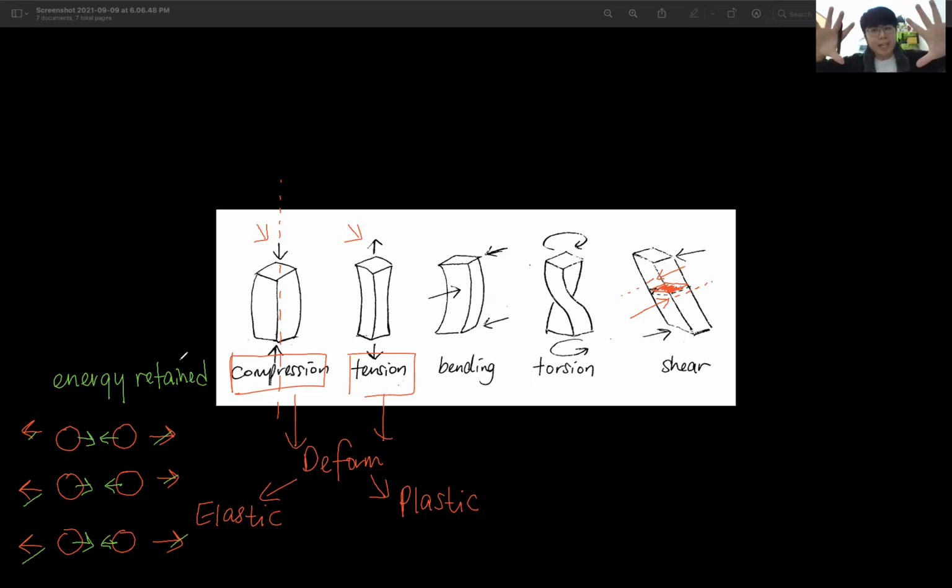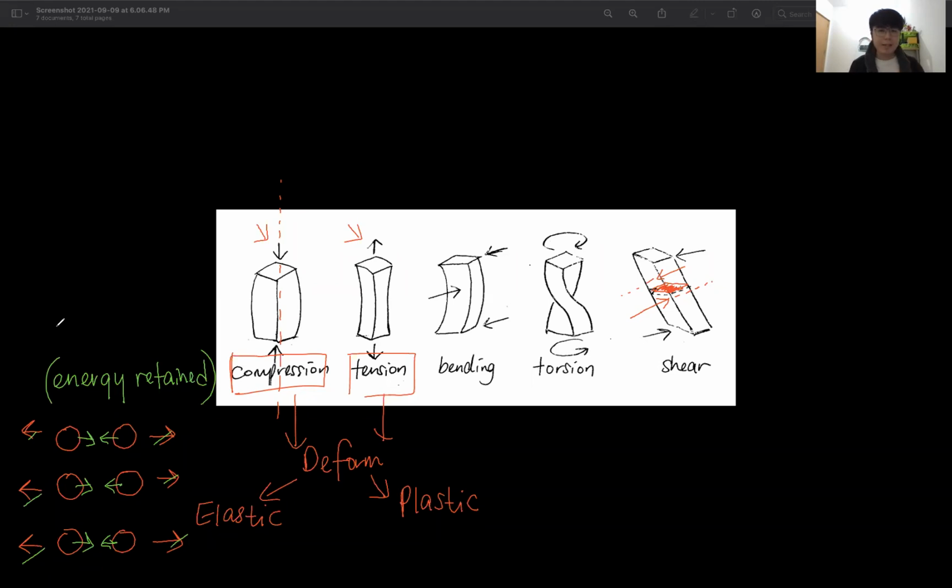The moment you release it, the spring does the work by restoring, retracting. That also comes from the energy given to the spring. So the energy is retained. You stretch it, and energy is retained in an elastic deformation.